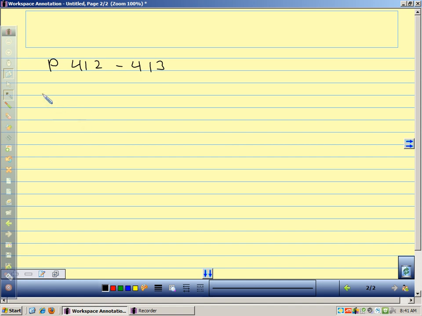Now, as a reminder, the combinations that we were given for our triangles yesterday were either angle, angle, side, or angle, side, angle. We were given one of those two combinations. When we're given these two combinations, we can always find the third angle.